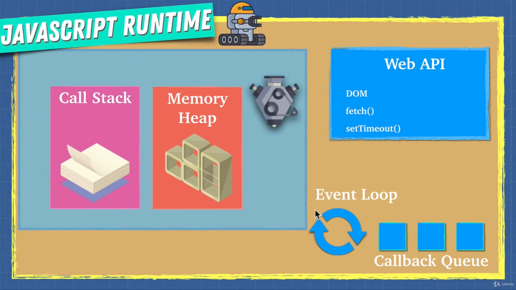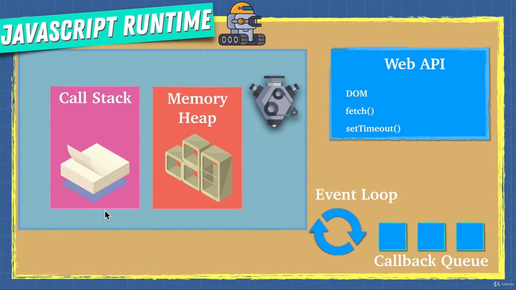The event loop is a loop that's constantly running that's saying, hey, is the call stack empty? Is the call stack empty? And the event loop only runs once the call stack is empty and the entire JavaScript file has been read.